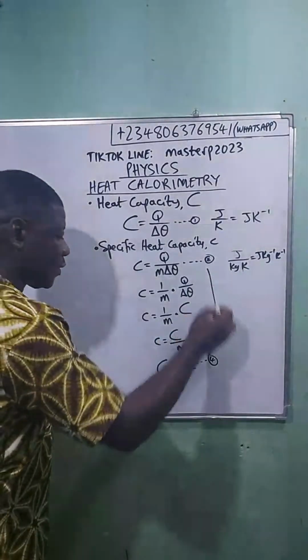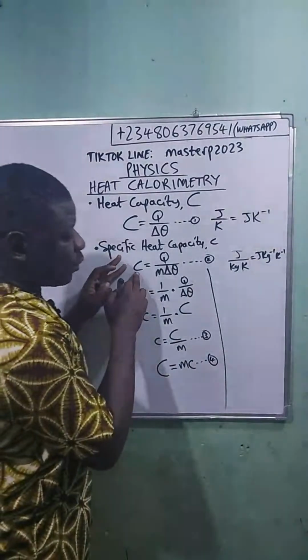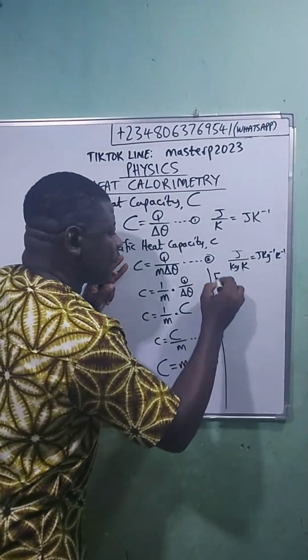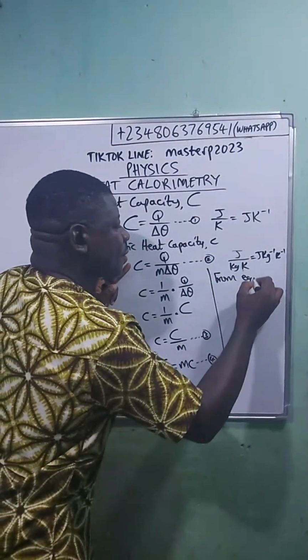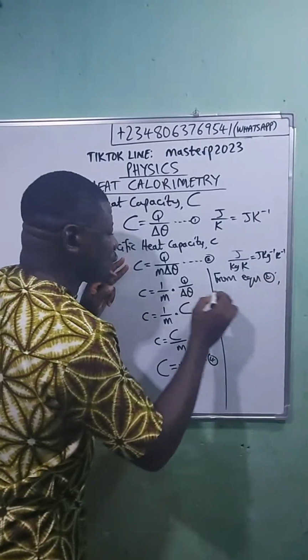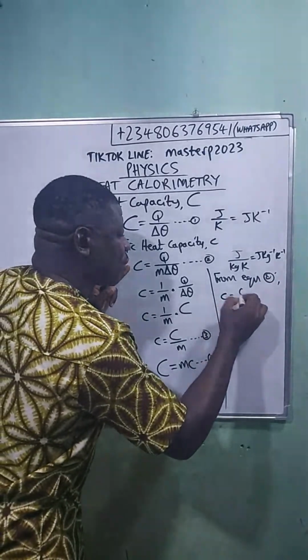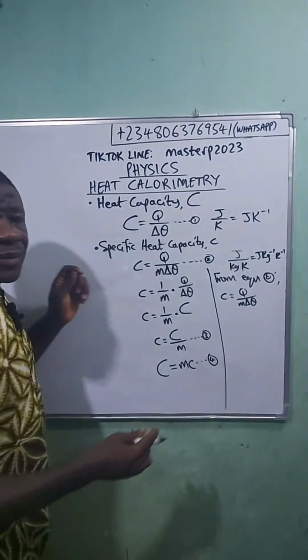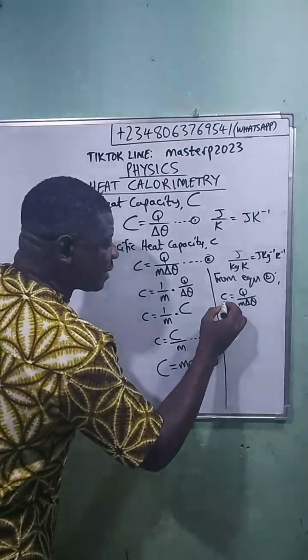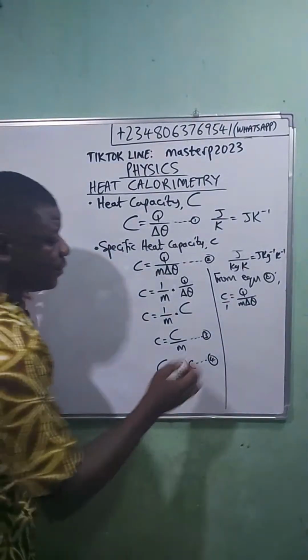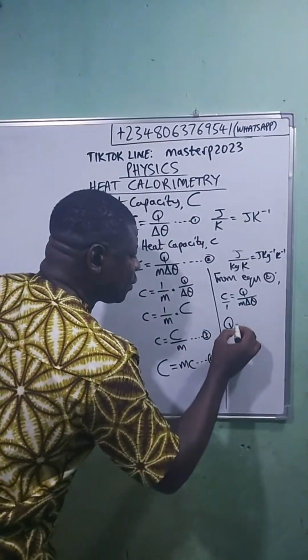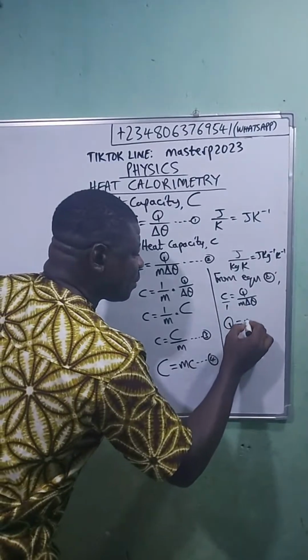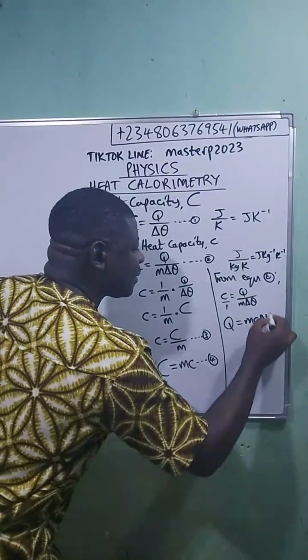Now, from equation 2, c is equal to Q all over m delta theta. I can make c a fraction by dividing it by 1, then cross multiply. 1 times Q is Q, and c times m delta theta is mc delta theta.